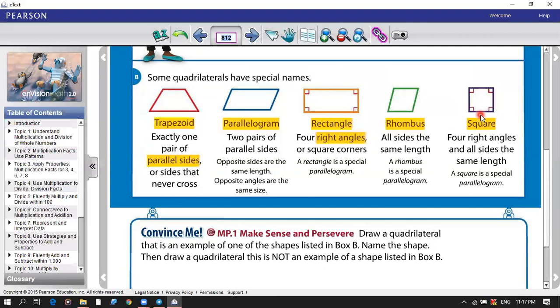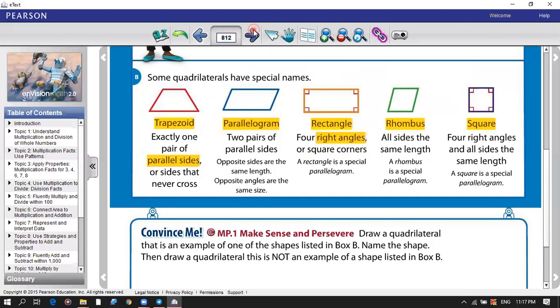That's why it's also a rhombus. So the square is a parallelogram and a rhombus. And it has four right angles or four square corners. That's why the square is also a rectangle.